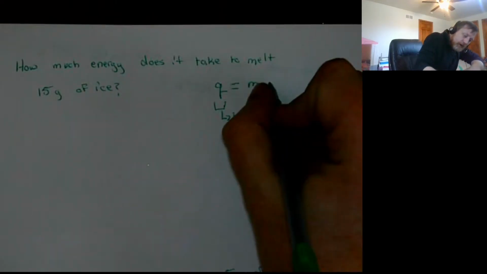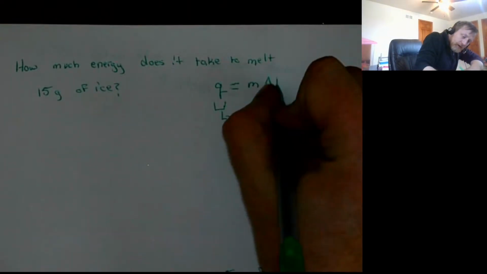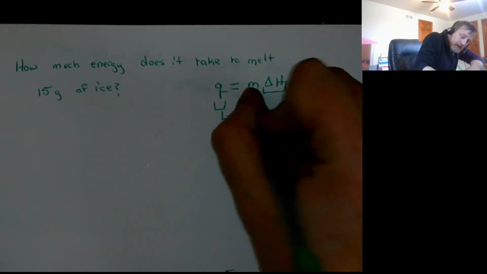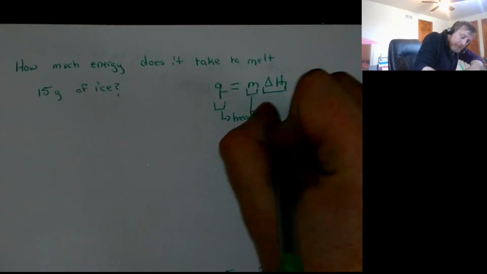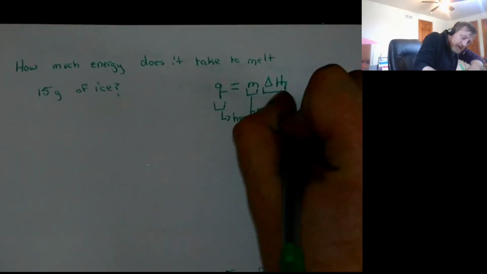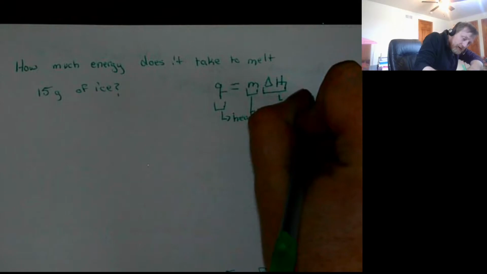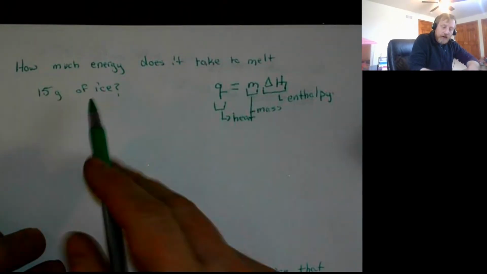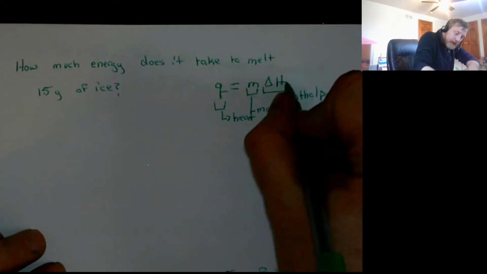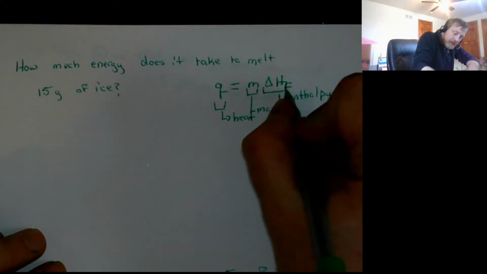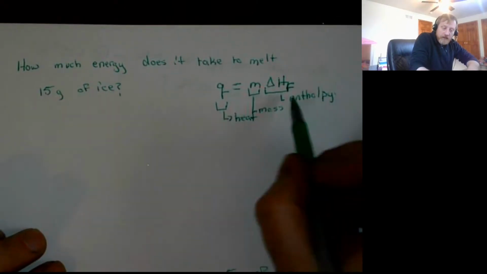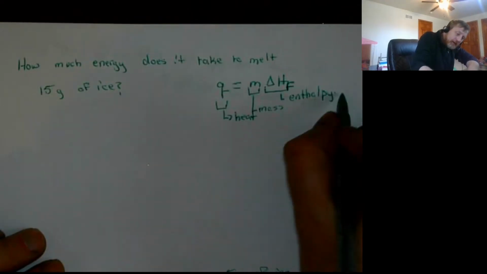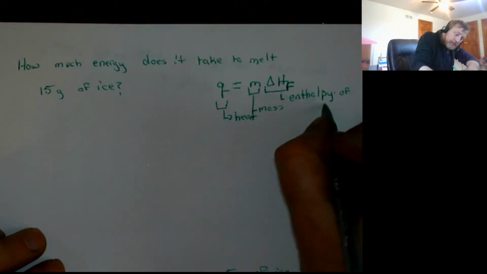In this case, we're going to call that variable in our equation delta H. And let me jot this down. This is mass. And what delta H is, is the enthalpy of this particular reaction. Now we're going to be melting, and if we remember back, melting in science we call fusion.